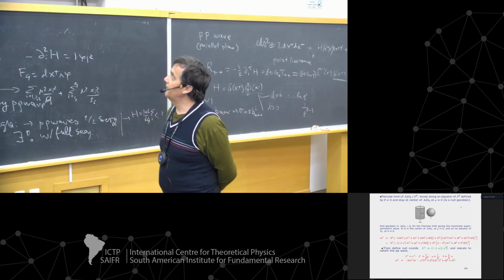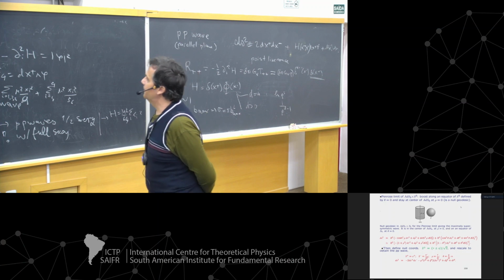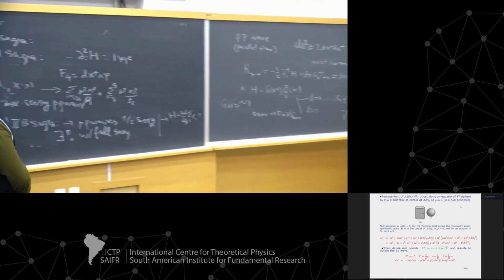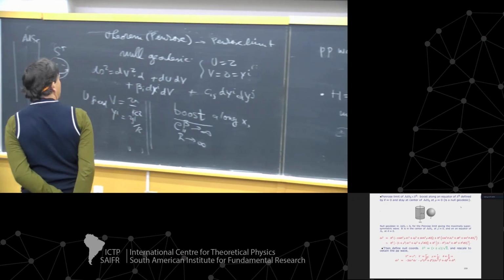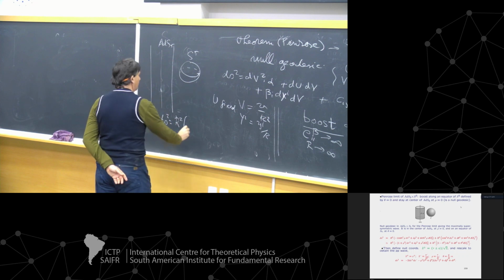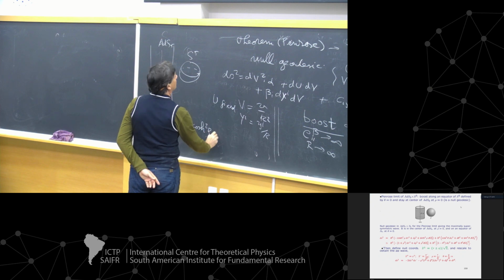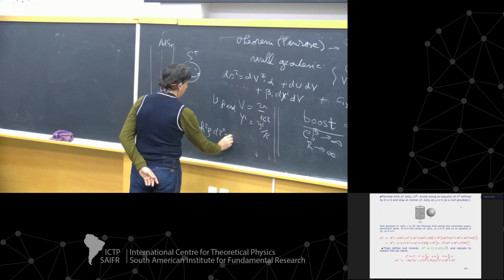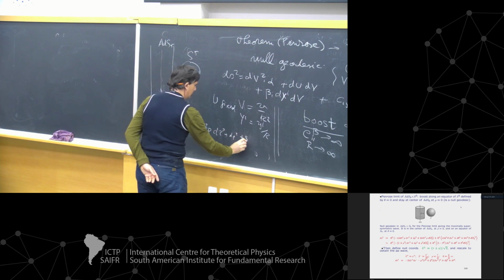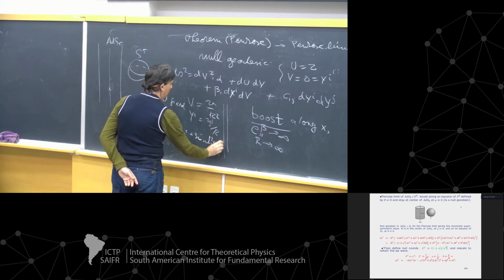So specifically, then, I write the AdS5 cross S5 metric in global coordinates as on page 159. So I have R squared times: minus cosh squared rho d tau squared plus d rho squared plus sinh squared rho d omega squared.